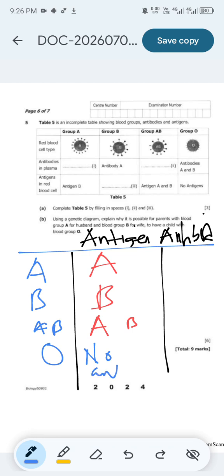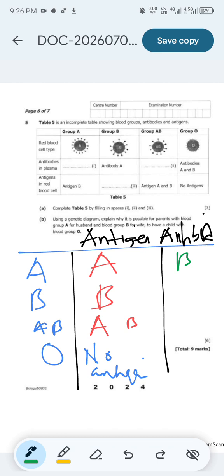Whenever we are talking about antibodies and antigens, these are corresponding. Antigens are found on the surface of a red blood cell. Antibodies are found within the plasma. So with antibodies, it's just the opposite. If blood group A has an antigen A, then its antibody is B. Because we only have A antigen and B antigen, then we have A as well as B antibodies.